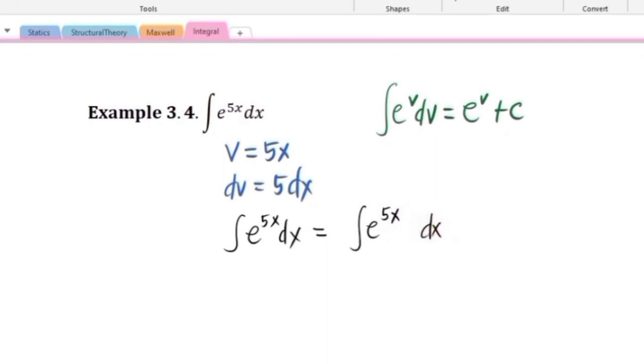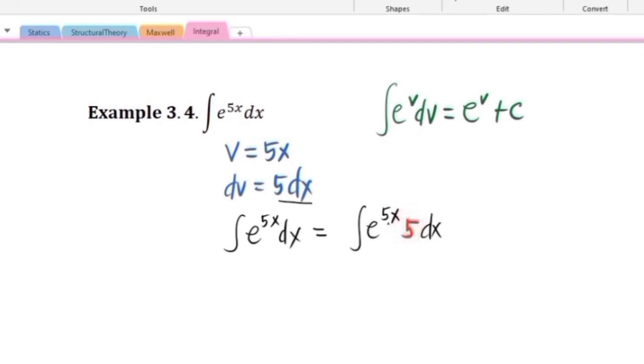Kung titingnan natin dito, our v is 5x and dv is 5 dx. So, kulang na lang tayo ng 5 dito para maging derivative niya yung expression na to. So, we have to multiply 5 here.